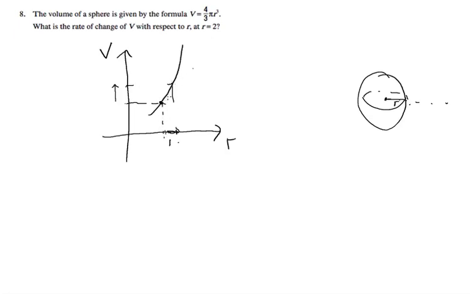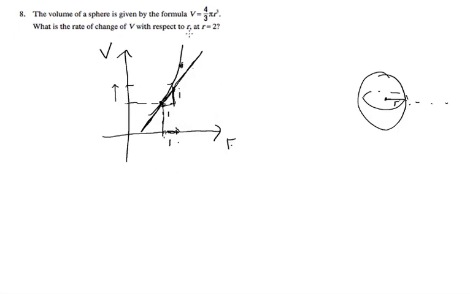Now, at this particular point, if the graph continued at that steepness, one along, this distance up, it might well be 1 unit. So at this particular point, we would say that the volume is increasing at 1 unit per unit increase in the radius.